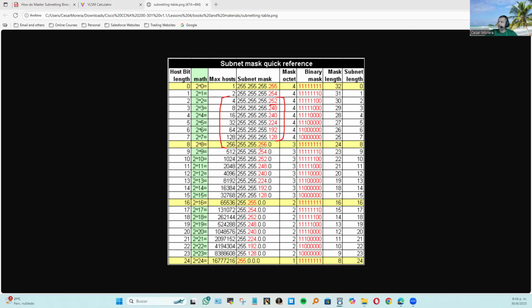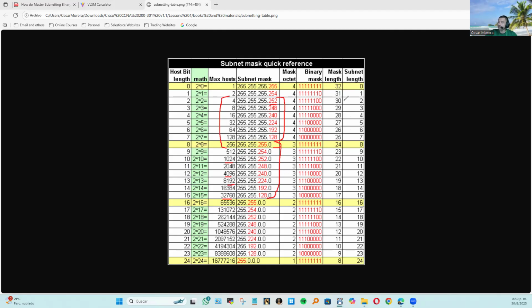And that's basically it. This is another table for higher networks where you have, for example, 8,192 hosts, 32,768 hosts, 4,096 hosts, 1,024 hosts, and this is the correct mask for those specific networks.